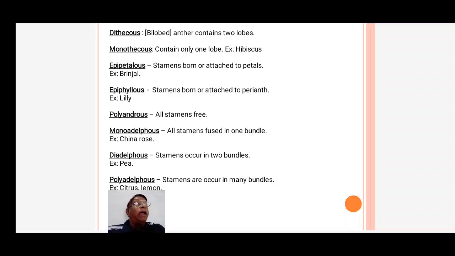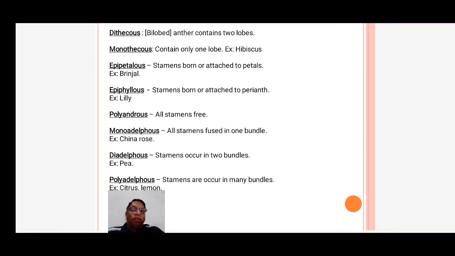Dithecous stamen. The stamens with two anther lobes are called dithecous. Dithecous stamens are common. Monothecous stamen.